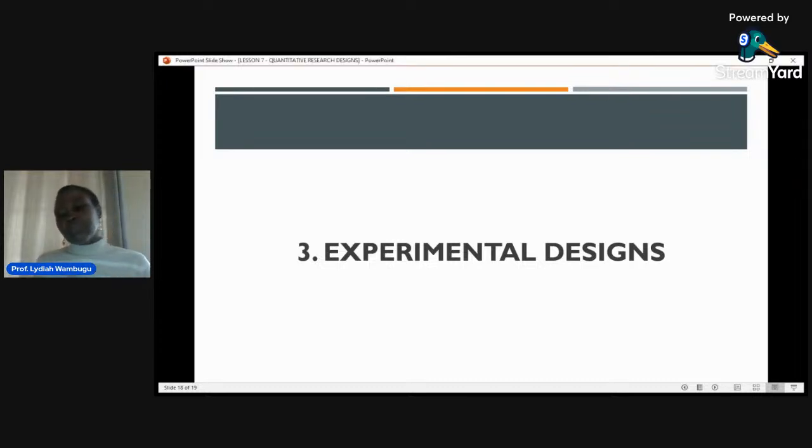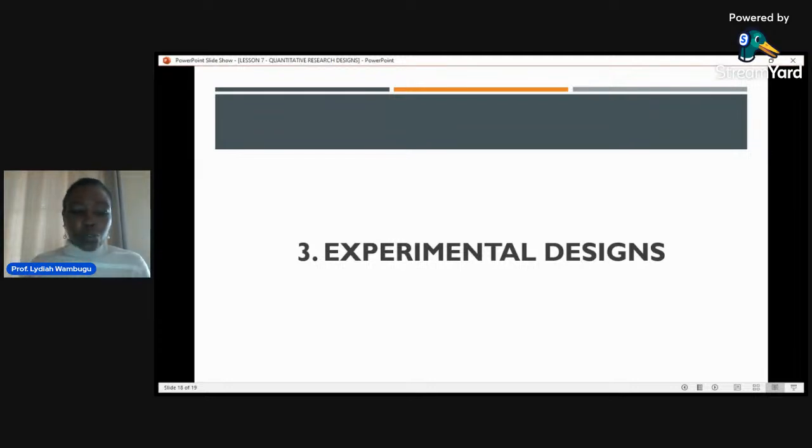So, we have said that quantitative designs are categorized into 2. We have non-experimental and we have experimental. Non-experimental are survey and ex post facto. And then experimental are true and quasi. There is a whole theory regarding experimental design.